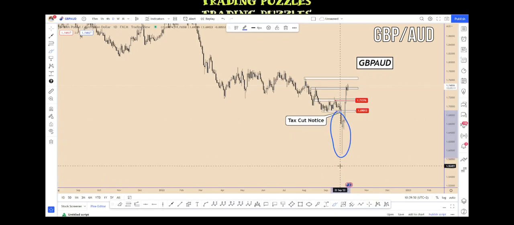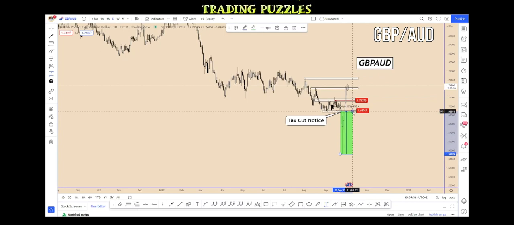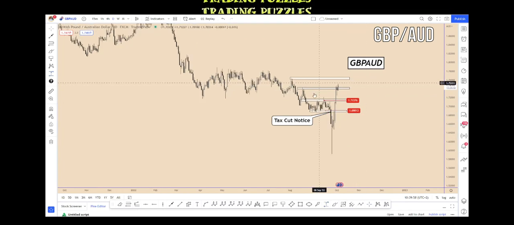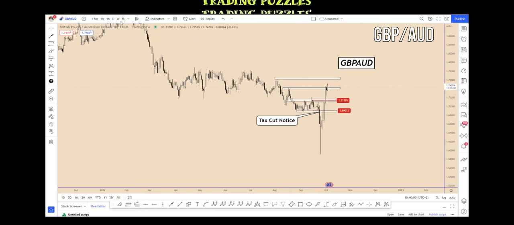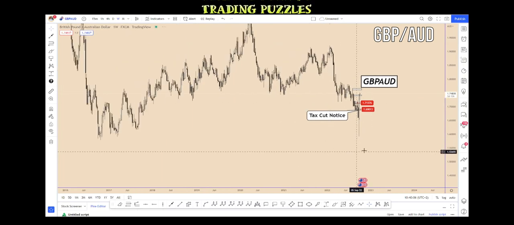It was on Monday, sorry, and during the same day the price deleted all the losses with the next movement. However, the tax notice has now been withdrawn by the UK government, so they are not going to take that step.